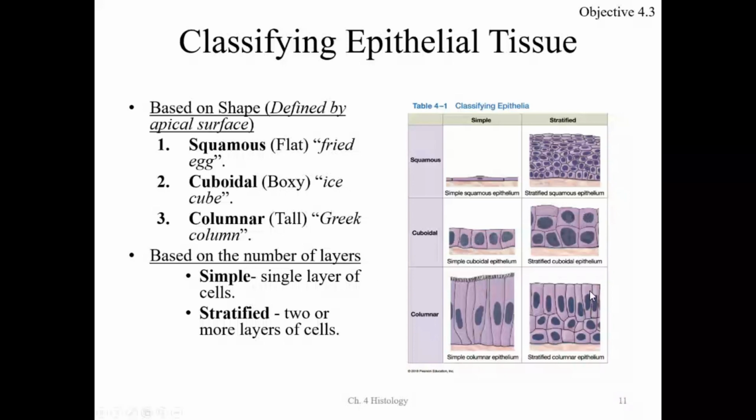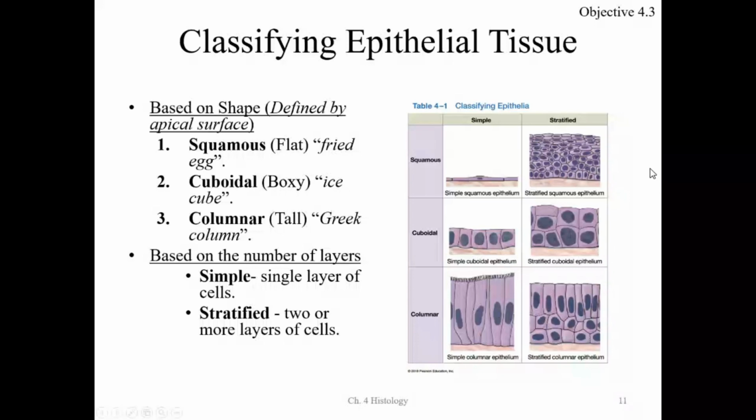The cells at the top are tall. One of the rules is, if you have layers, the bottom cells are boxy, and the top cells take on the shape. The top is flat, the top is boxy, the top is long and tall. So squamous, cuboidal, columnar.